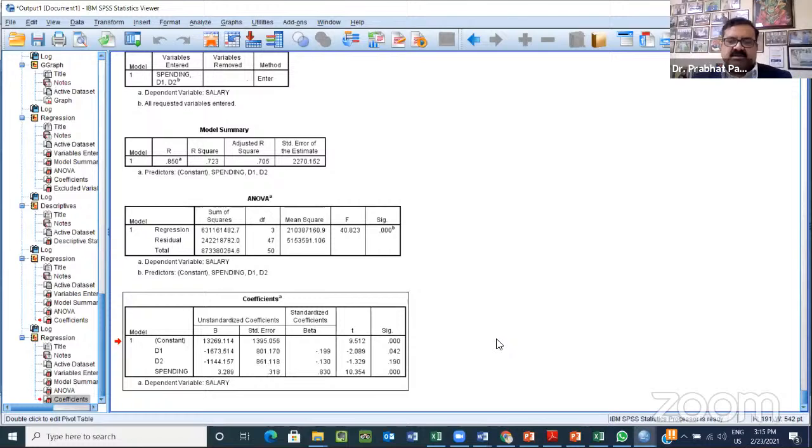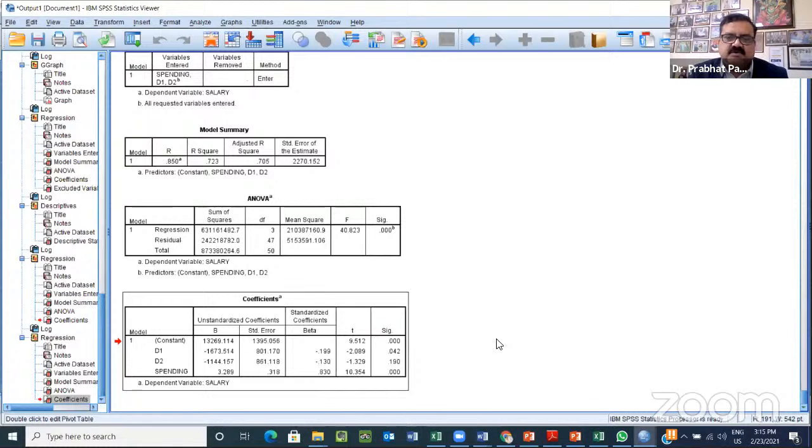So given the public spending, or looking at the public spending and taking that into consideration, we find that the difference in the average salary between West and North is significant, while between West and South it is insignificant. So that's the result.